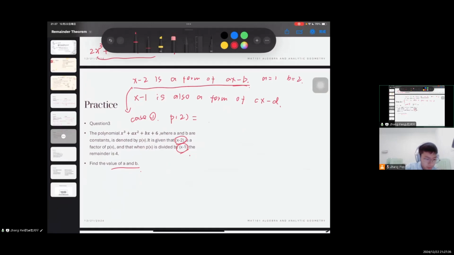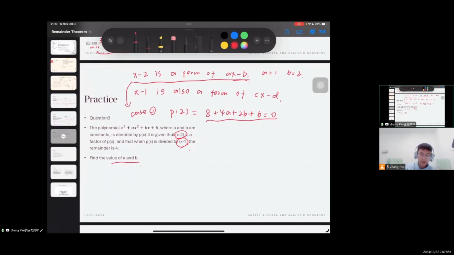So we can find this equation. But in fact, we have 2 unknowns. We want to figure out the values of a and b. We need 2 equations, right? So we need to find another equation.